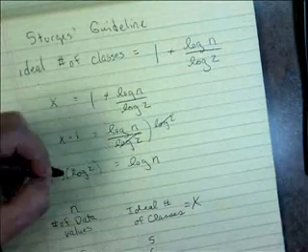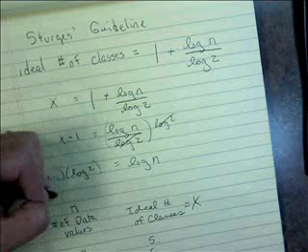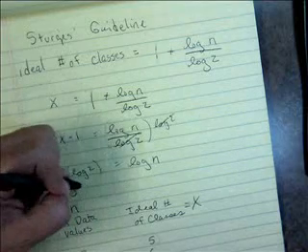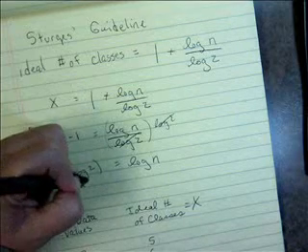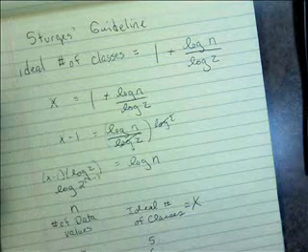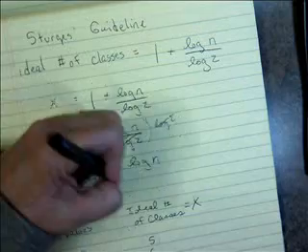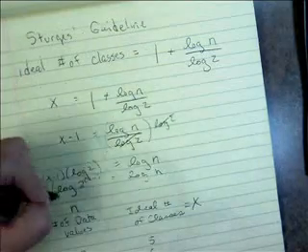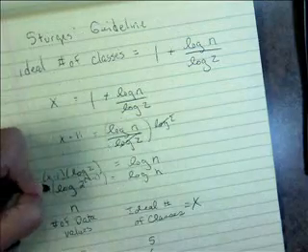The next thing that I'm going to do is use my properties of logarithms to treat this as a power. So I have log of 2 raised to the x minus 1 power equals log of n, and then what I do is I take the log of both sides.